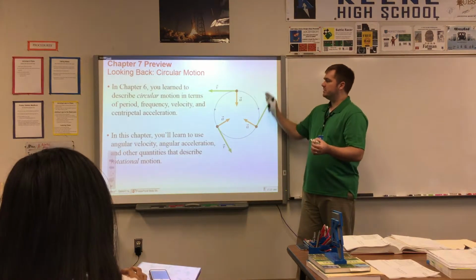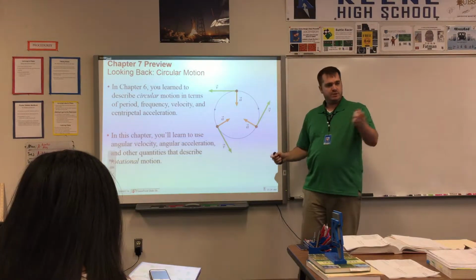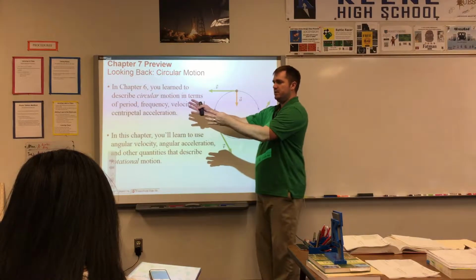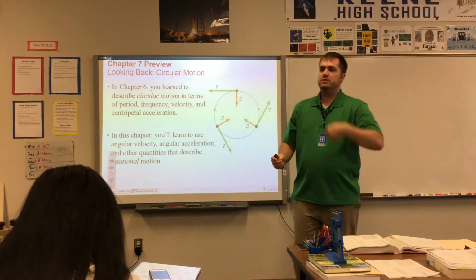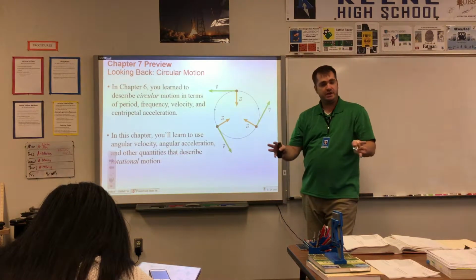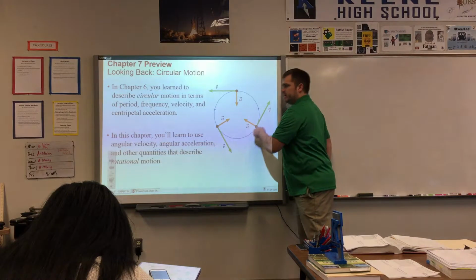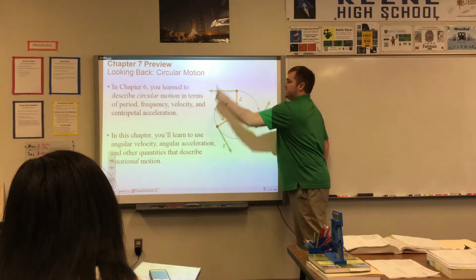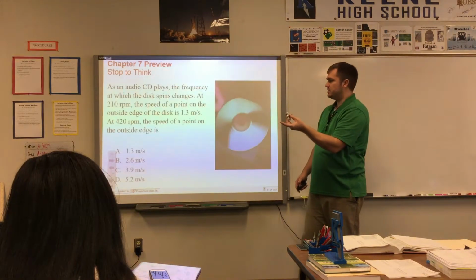Yes, it was a force constantly acting on the outside, and which necessitated a constantly changing velocity, specifically the direction of the velocity. Okay? So in this chapter, we're finally going to get to what I told you before. This is not going to be traveling around in a regular circle. Oh, sorry. It's going to be going faster and faster and faster, or slower and slower and slower.